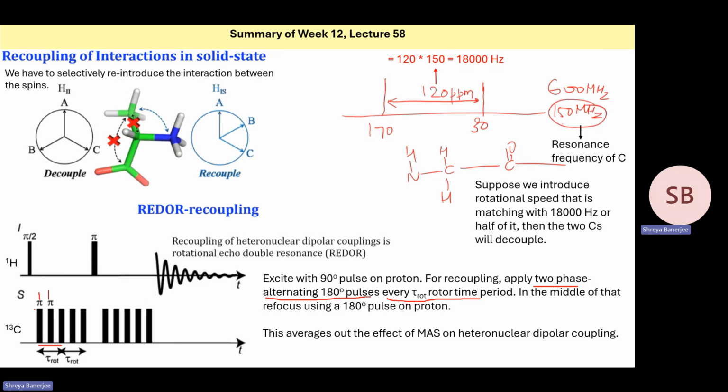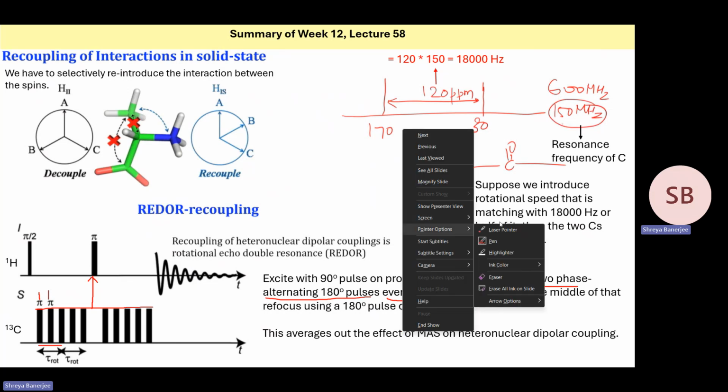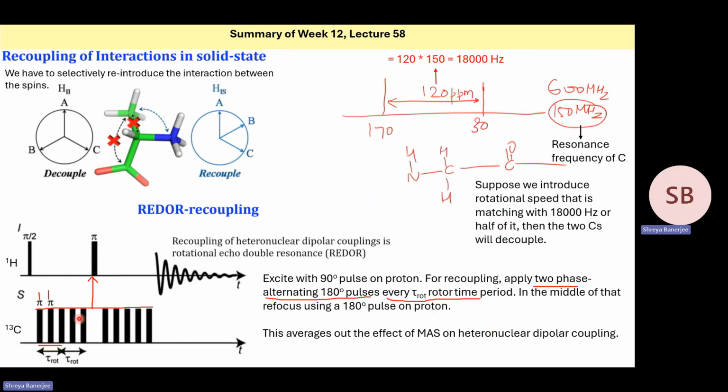So you apply a series of pi pulses on carbon, and in between this series somewhere, an additional pi pulse on proton is applied. What this entire pulse sequence does is that it averages out the effect of magic angle spinning on the heteronuclear dipolar coupling.